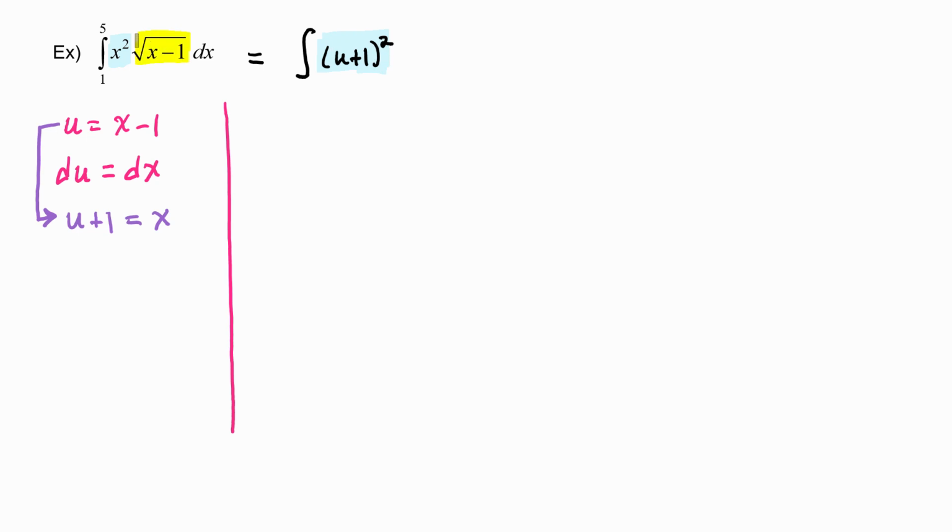Here we have square root of x minus 1, and the x minus 1 can get replaced with u, so this is going to be times u to the 1/2 in the u integral. And we know the dx can get replaced with du.